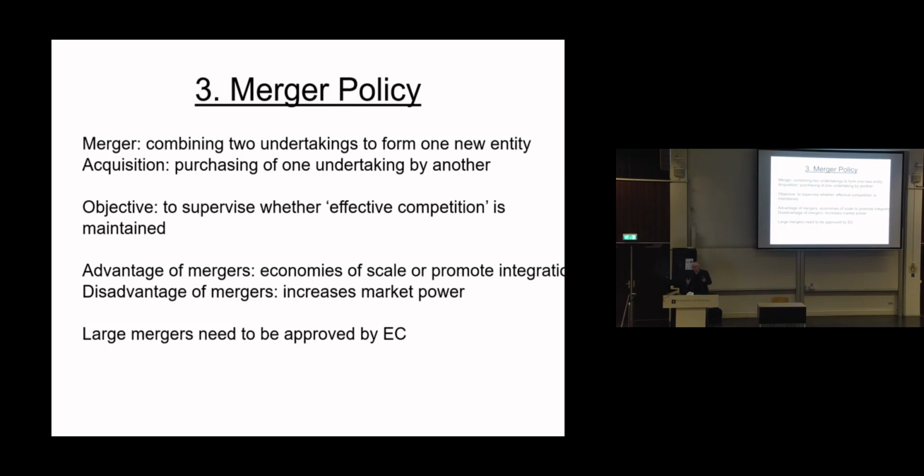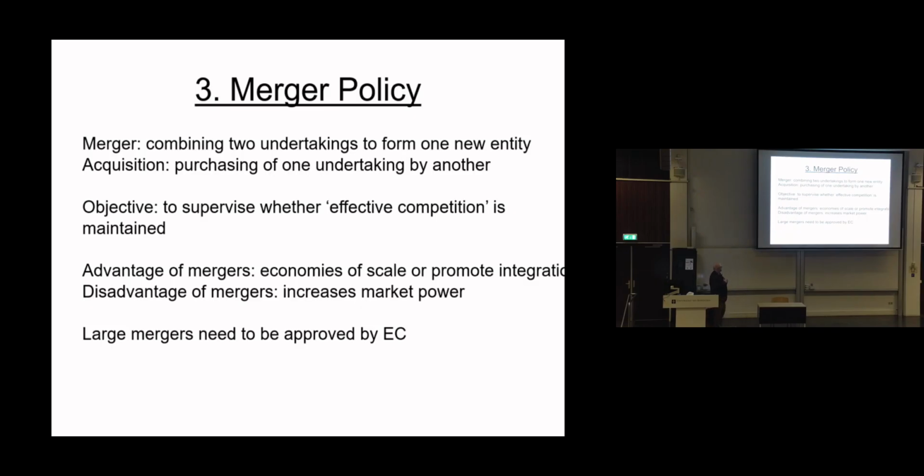So again, here we have the same problem. On the one hand, mergers are possibly increasing efficiency. If there's a bigger company, they maybe can benefit from economies of scale. But on the other hand, we don't want businesses to be so big that they can abuse their market power.